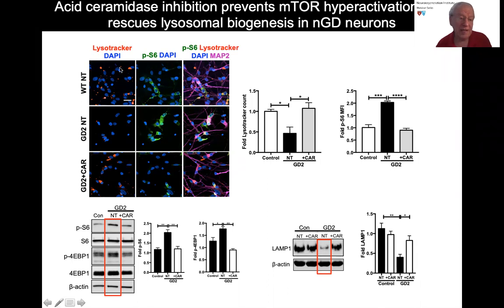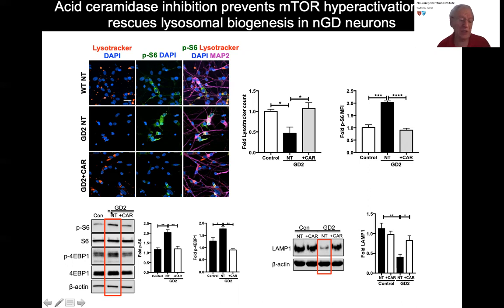And the opposite is true for the lysosomes. When we use LysoTracker, which stains according to pH, lysosomes and endosomes that are acidic, we have low levels of red dots here of LysoTracker stain. But when we give carmofur, we can rescue that, and this is again shown here. We can see that with carmofur, we can rescue the LysoTracker counts, and then we can bring down hyperphosphorylation.